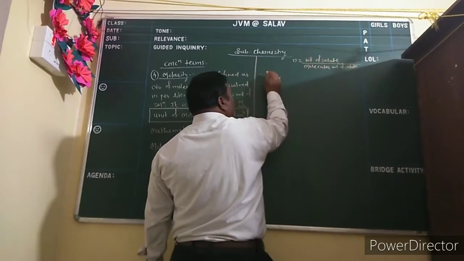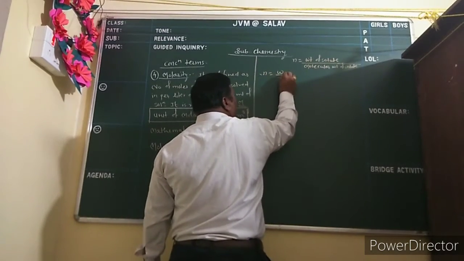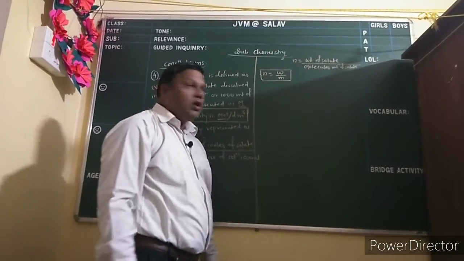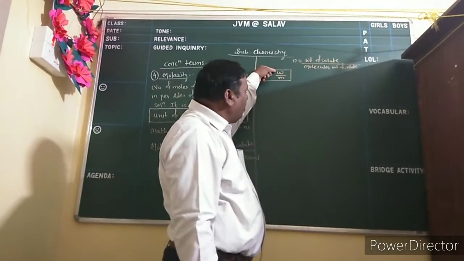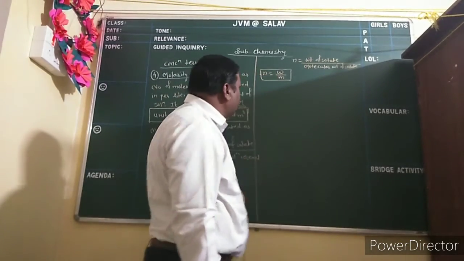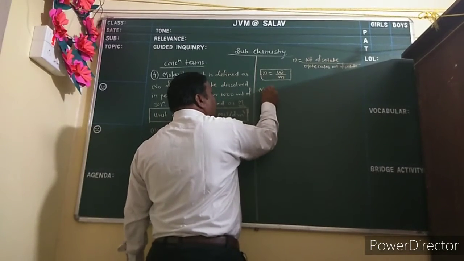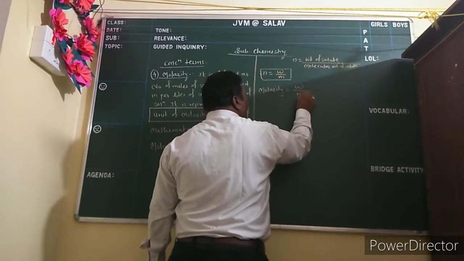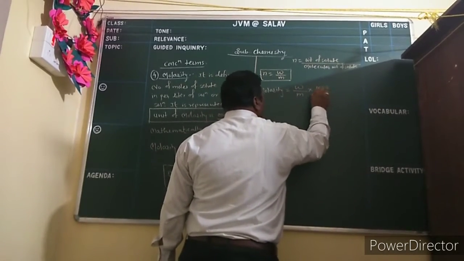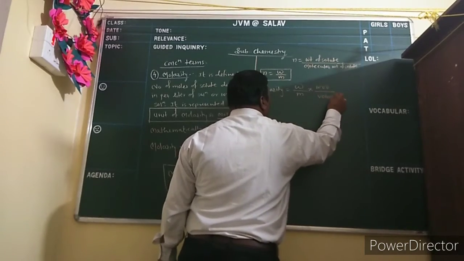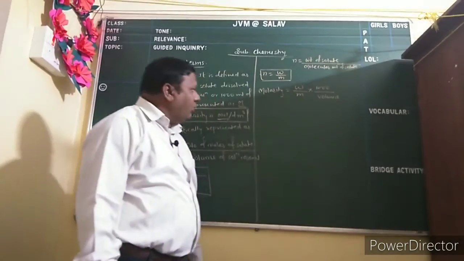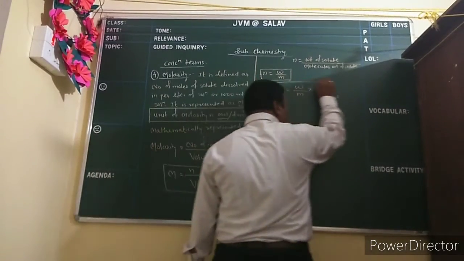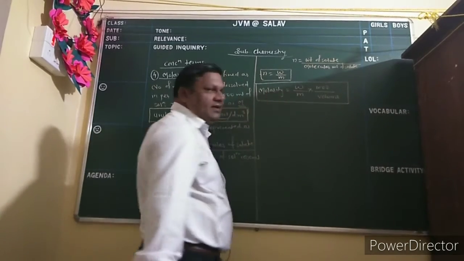So small n, the number of moles, is equal to weight of solute upon molecular weight of solute, and hence the molarity is equal to small w upon small m into 1000 upon volume. So this is the formula of molarity.